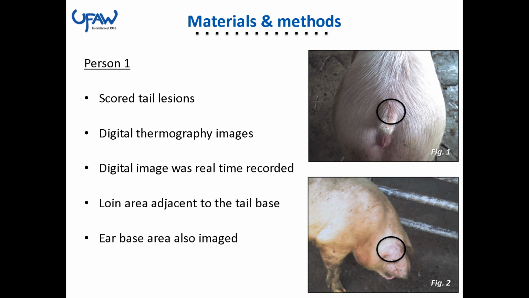One picture was from the loin area adjacent to the base of the tail, as we can see in picture 1. And the other picture was taken from the ear base area, as it is the area with the highest correlation with pigs' rectal temperature, as I already mentioned, and we can see in picture 2.